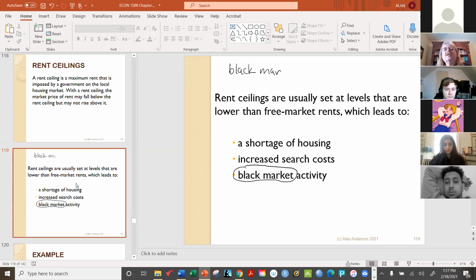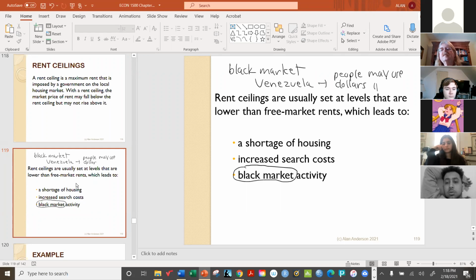Just as a quick aside, in a country like Venezuela, where times are tough, people may take it on themselves to not accept the Venezuelan currency, and instead, people will end up using dollars instead of their currency, which is called the bolivar.